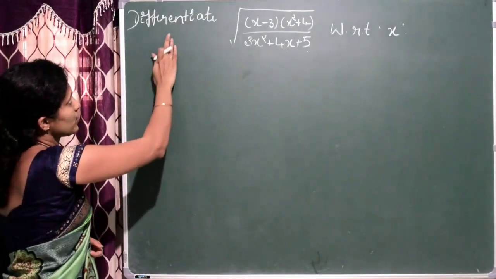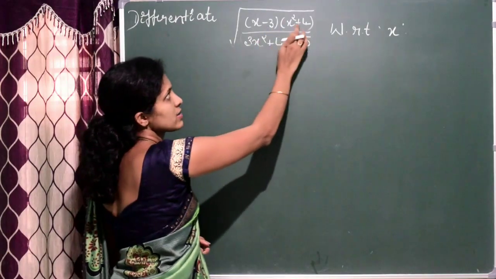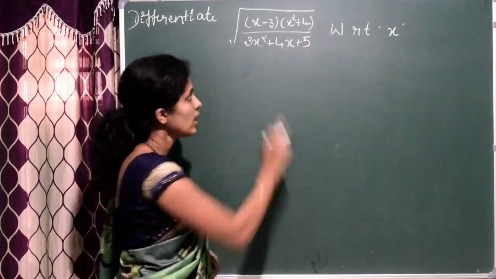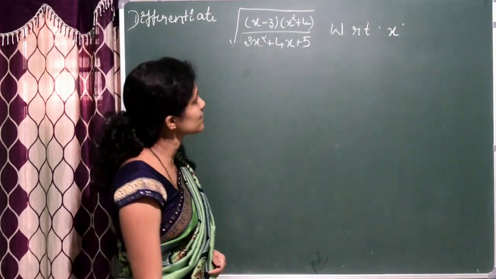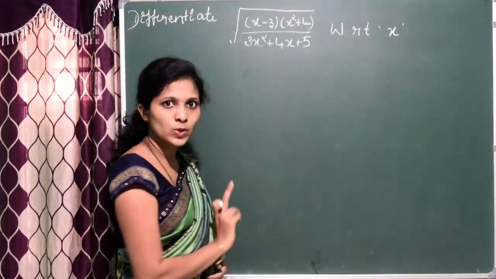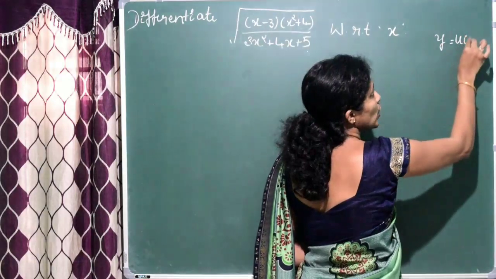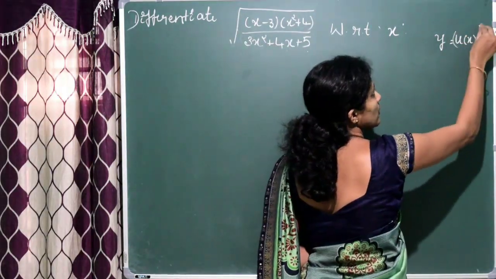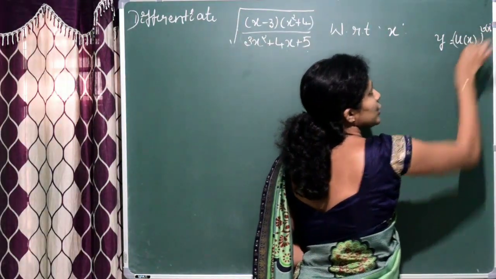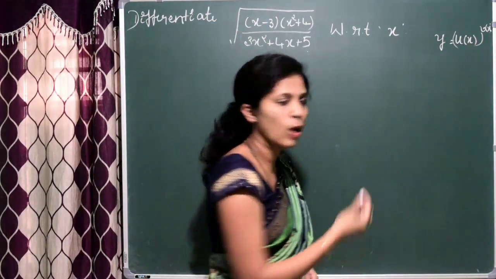See here, I have written one problem. Differentiate root of x minus 3 into x square plus 4 divided by 3x square plus 4x plus 5 with respect to x. And you know that suppose the function is of the form y is equal to u of x, a one function, whole to the power v of x. Then to differentiate this one, you have to take log on both sides.